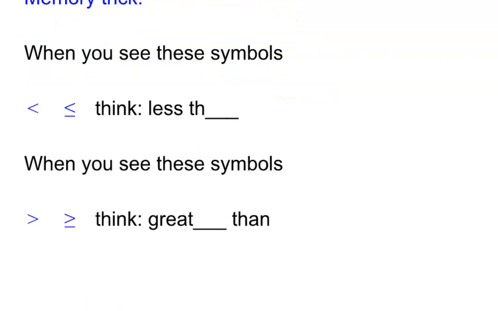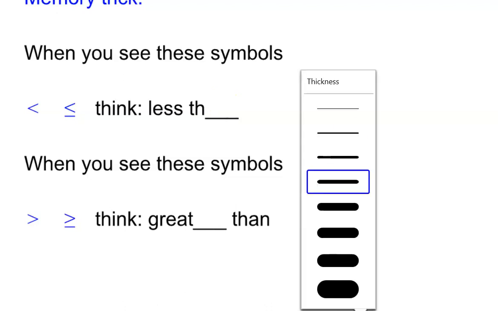Now, a little memory trick to help you. When we see these symbols, less than or equal to, we know that it's an and statement. So we want you to think less than.